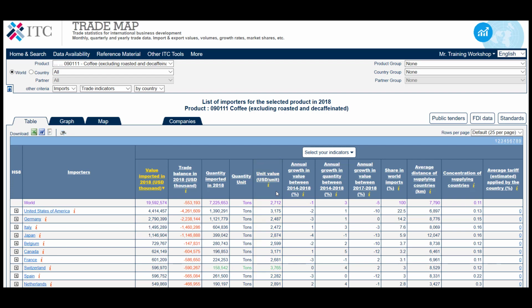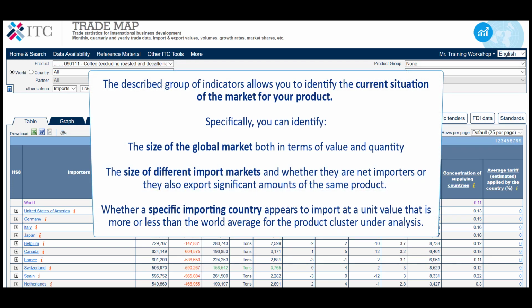To summarize, the described group of indicators allows you to identify the current situation of the market for your product. Specifically, you can identify the size of the global market both in terms of value and quantity, the size of different import markets, and whether they are net importers or they also export significant amounts of the same product.